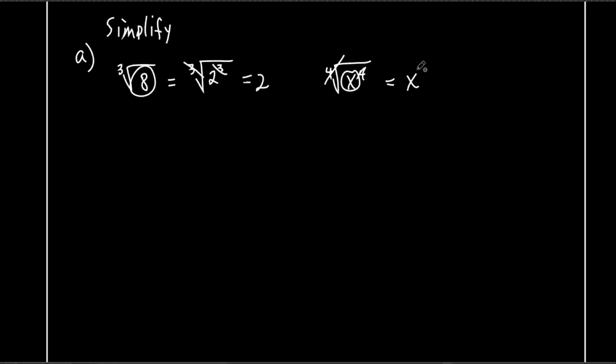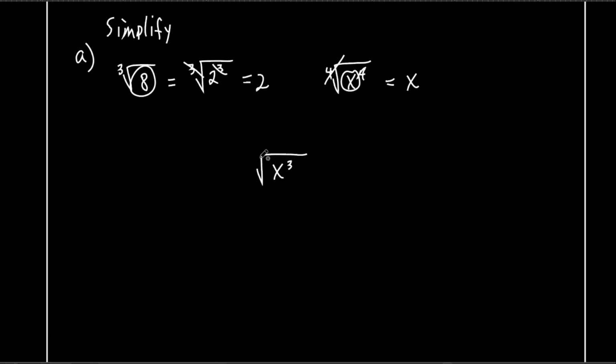You're left with that. Here's another thing you could do. What if you had, let's just do square root. What if I have the square root of x to the third? This is the square root. Again, if you don't put a little number in that little crevice of that radical, it's automatically a square root, okay?